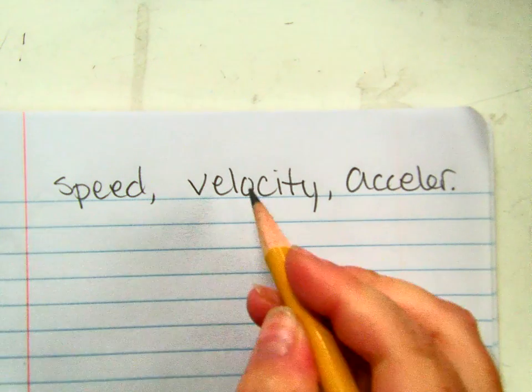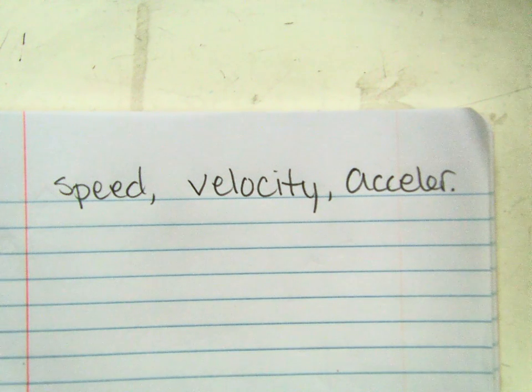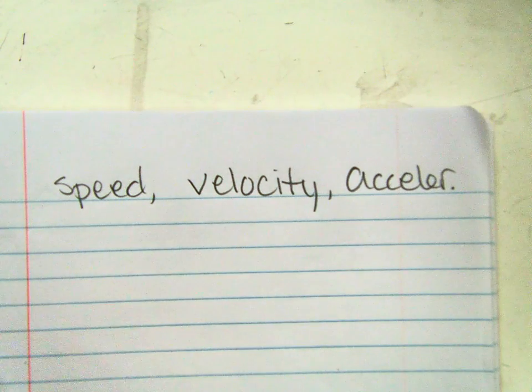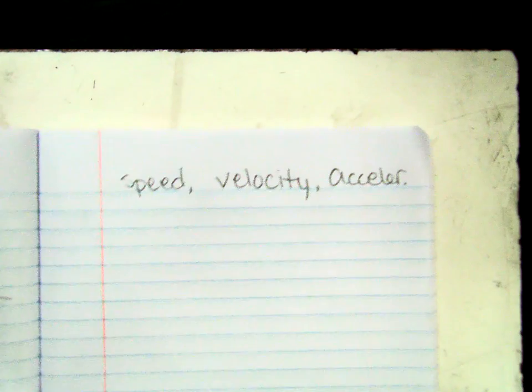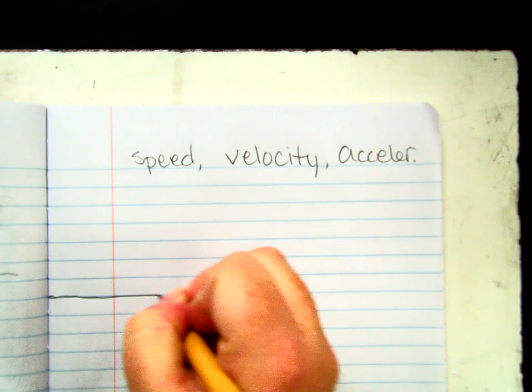Okay, so these three words all seem to sound the same when you're talking about them. But in actuality, they are all very different. So we are going to break our page down into three sections so that we can write about the differences of the three.